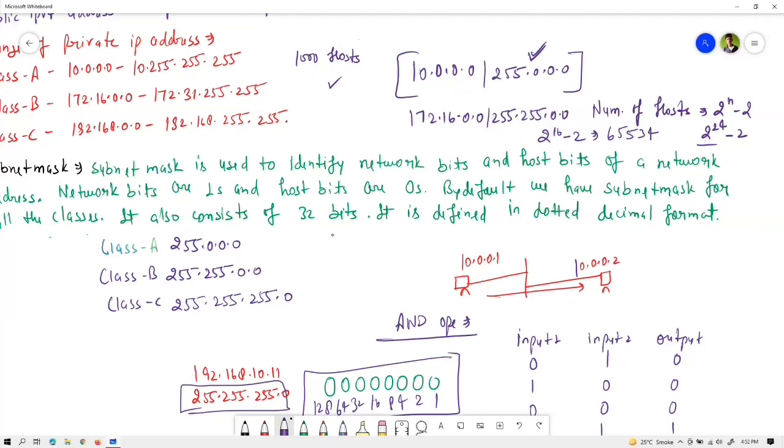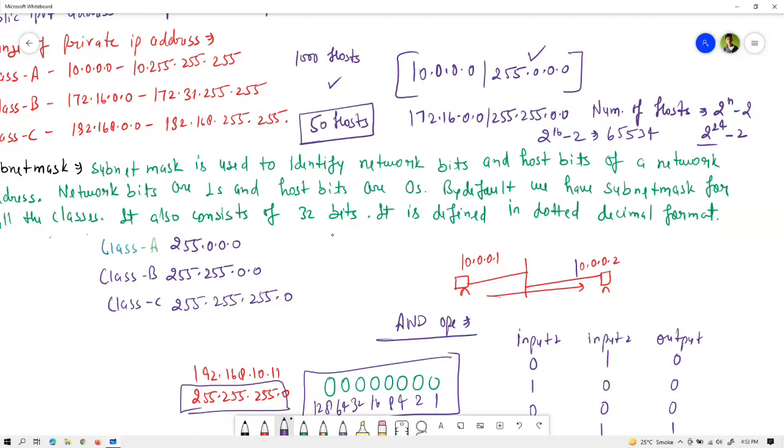So when it comes to the requirement, let's say you need only 50 hosts, sorry, you need only 50 IP addresses. Then which network address will be used, which subnet mask will be used? All these things can be defined by subnetting.